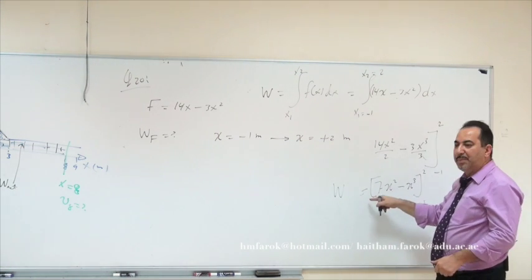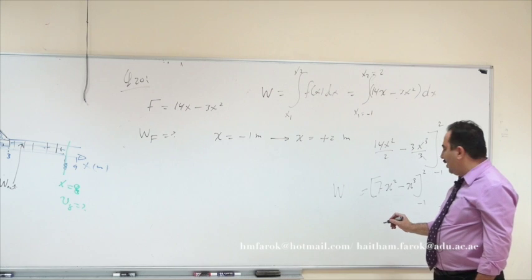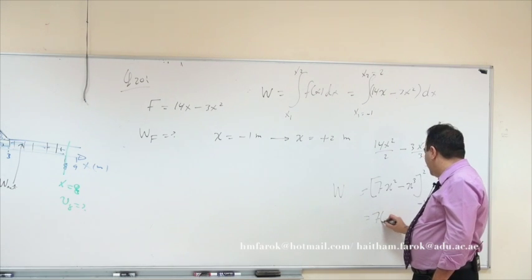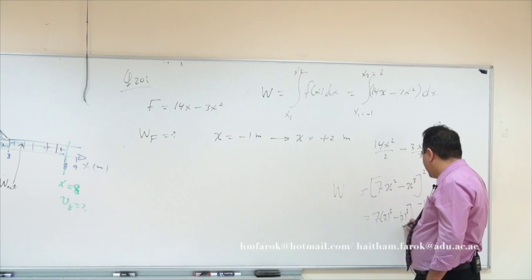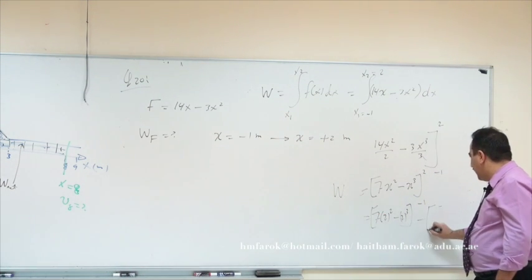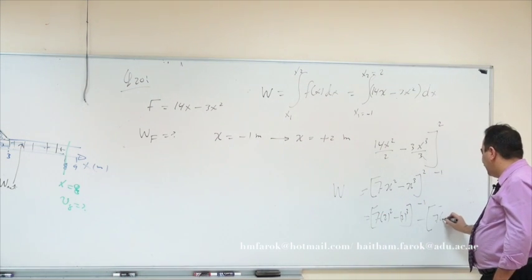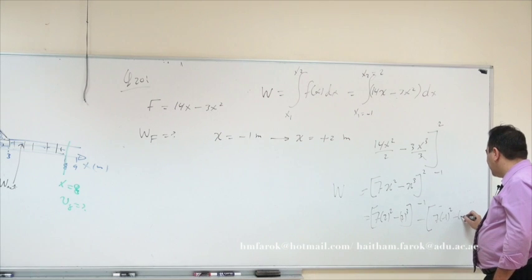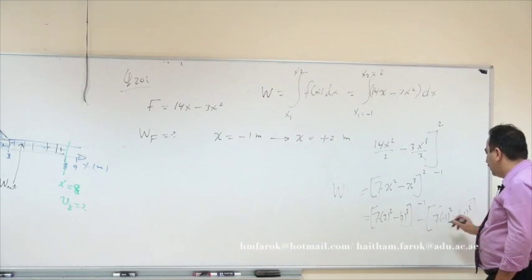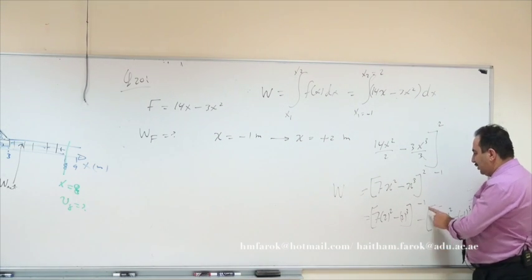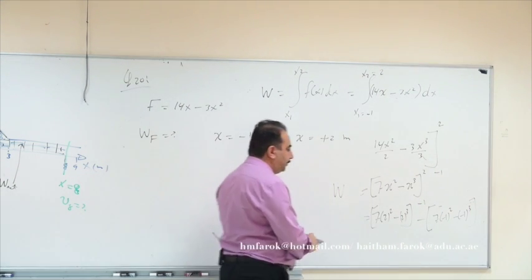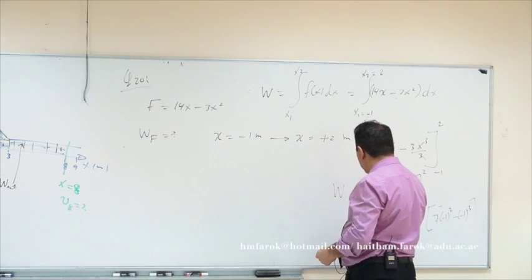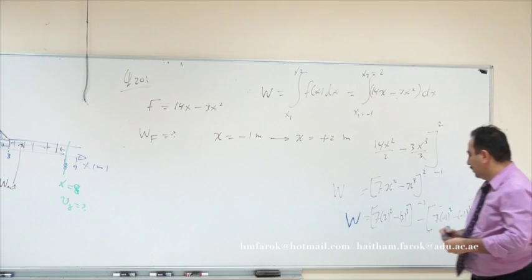What's next? Upper minus lower. So 7 times 2 squared minus 2 cubed. This is upper minus lower. Minus 7 times minus 1 squared minus minus 1 cubed. And you evaluate the value of the function.